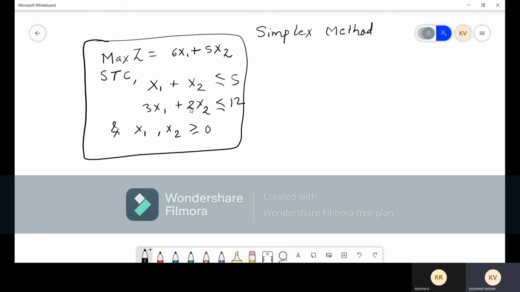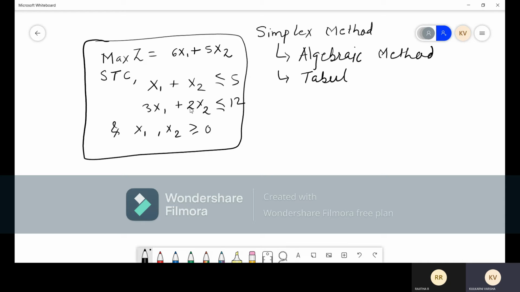In the simplex method, we have one algebraic method to solve the LPP problems, that is linear programming problems, and the other is the tabular method.